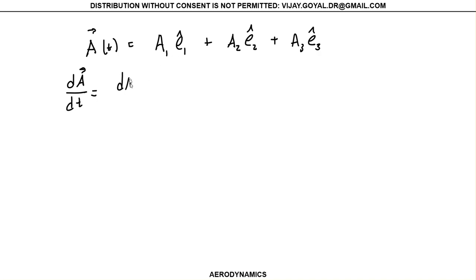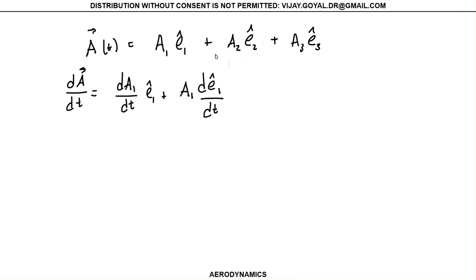That would give me the derivative of A1 with respect to time times e1, plus A1 times the derivative of e1 with respect to time. Note that if these were not functions of time, this term would go to 0.